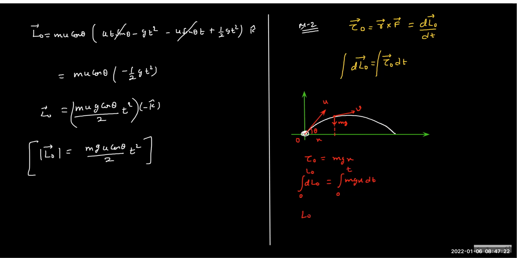On the LHS, we have the L naught, but on the RHS, we have mg outside. And x we can write as a function of time t very easily. This is u cos theta times t from kinematics. So the horizontal component of velocity into time is the x displacement, and now we're done. The t dt integration is t square.